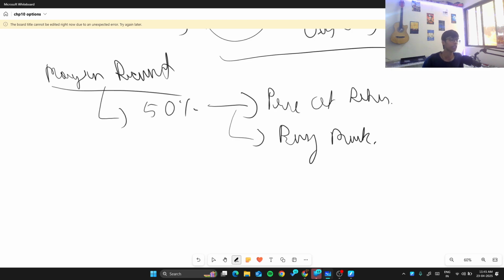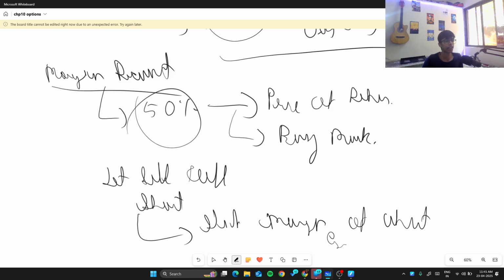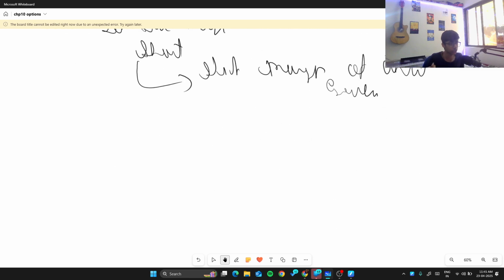If we are in a call position, we keep 50% extra money in the account. And if we sell the put or sell the call, so we are in a short position, we still have to keep a margin, because what if he exercises, right? If he exercises, then the exchange should pay him, and if we don't have it in a margin account, how will the exchange pay it?